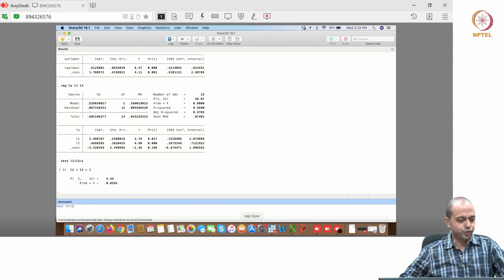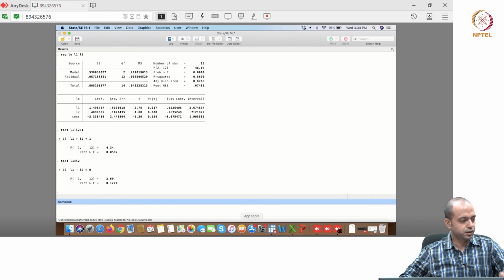Okay, and if you press enter, then look at what is happening. The value of f is 2.69 and p greater than f is 0.1270. If you multiply that by 100, it is 12.70. So I cannot reject my null hypothesis.